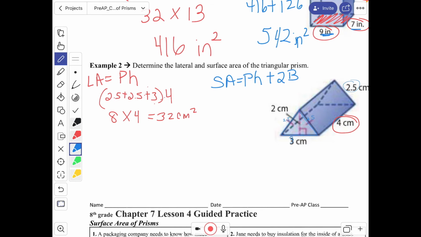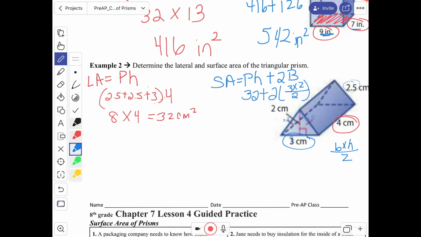So again, since we already figured out perimeter of the base times the height, I can just plug that number in. Now I have to find 2 times area of the base. And for a triangle, area of the base is base times the height divided by 2. Well, the base of the triangle is 3 times the height of the triangle was 2, all divided by 2.